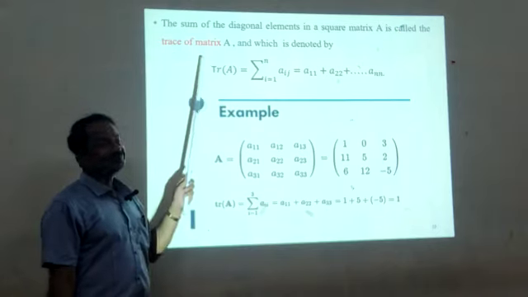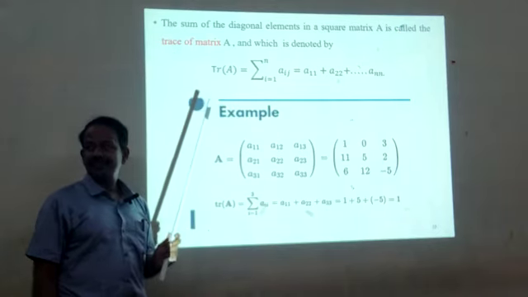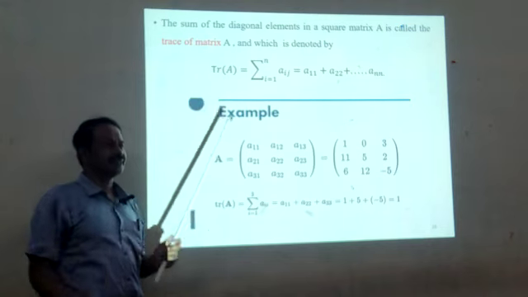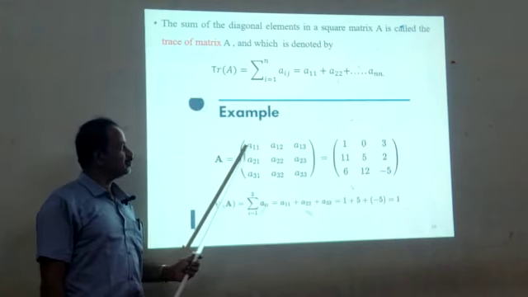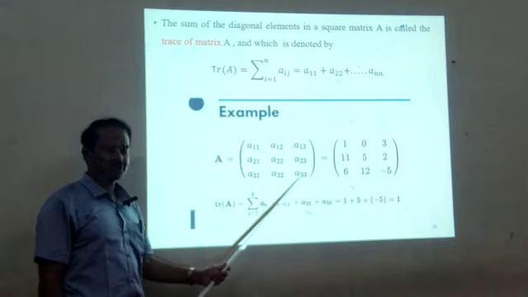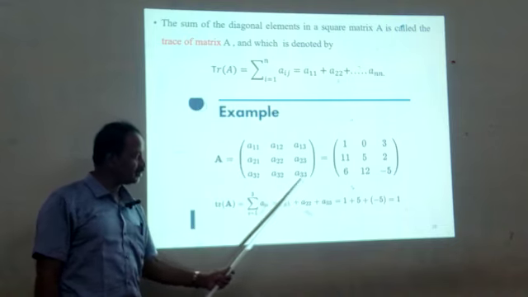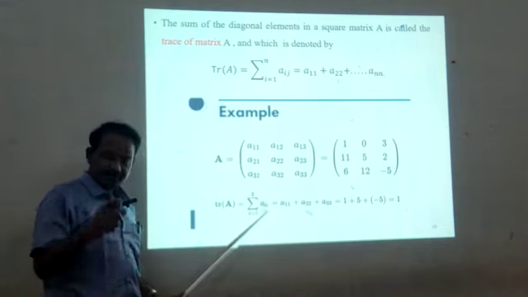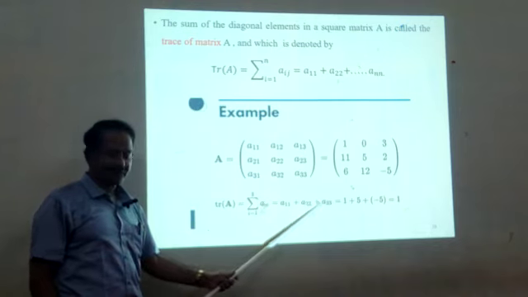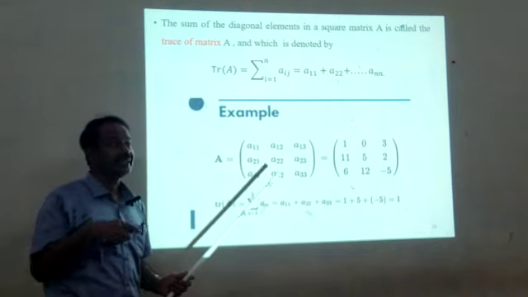Very important one: trace of a matrix. You add all the diagonals, and the answer is the trace of a matrix. For example, you just find the trace: A11, A22, A33. You add all three, the summation over Aii, A11, A22, A33. We call this the trace of a matrix.